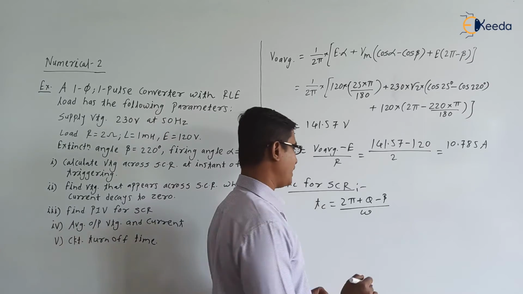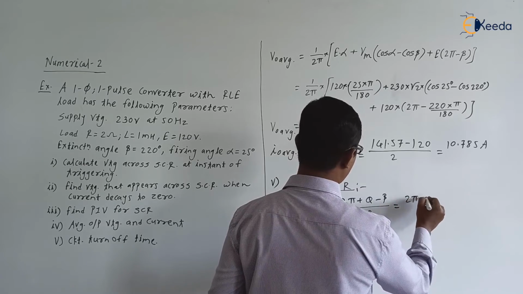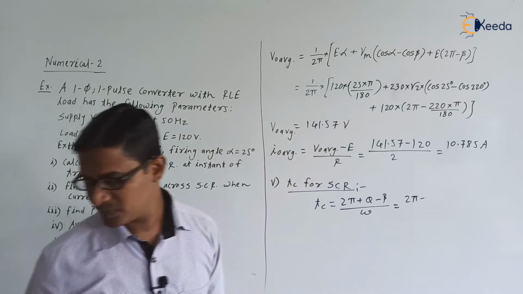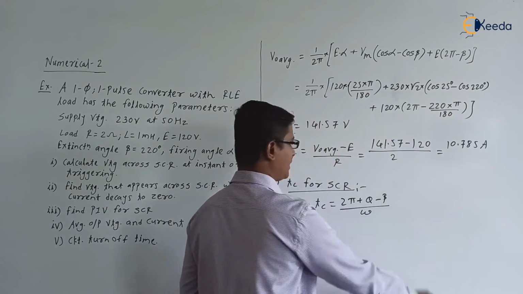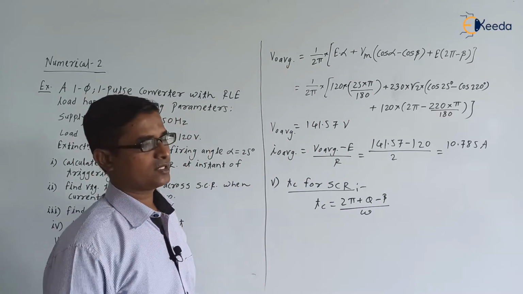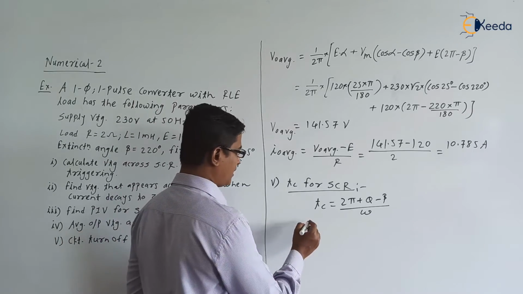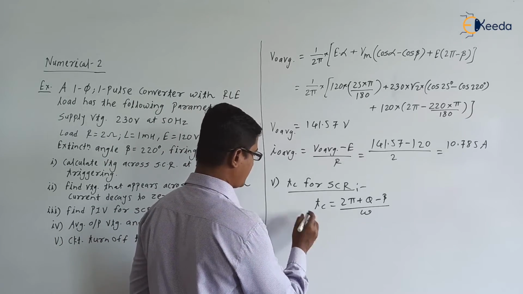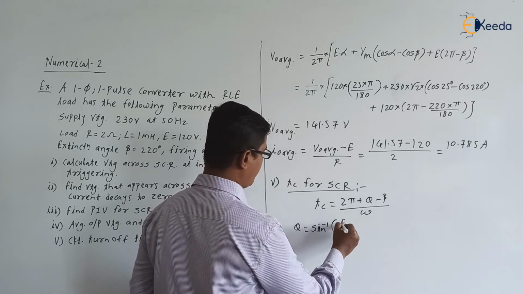Next, here first can we find theta? Theta is the angle at which Vs and E both become equal. So theta is equal to sine inverse of E by Vm.